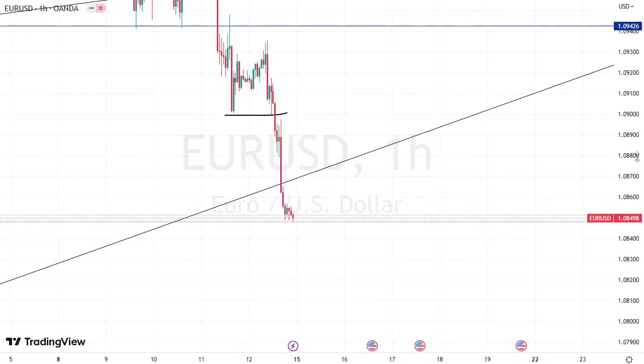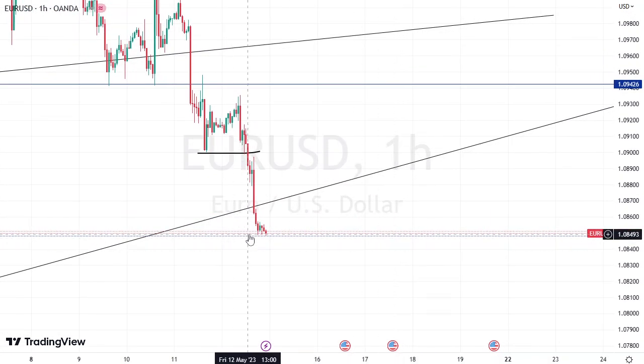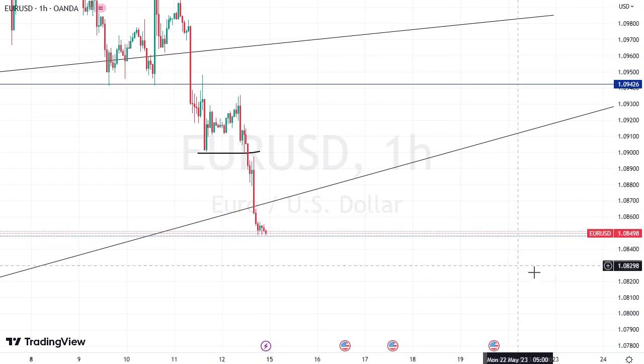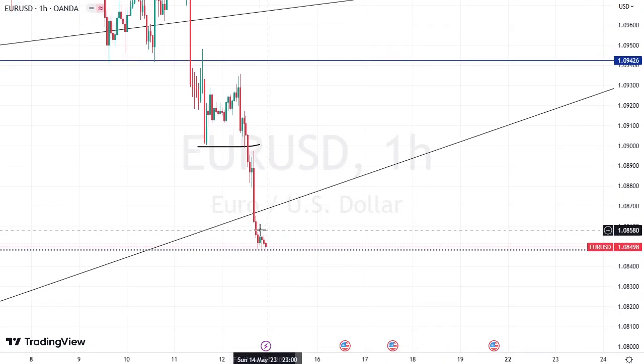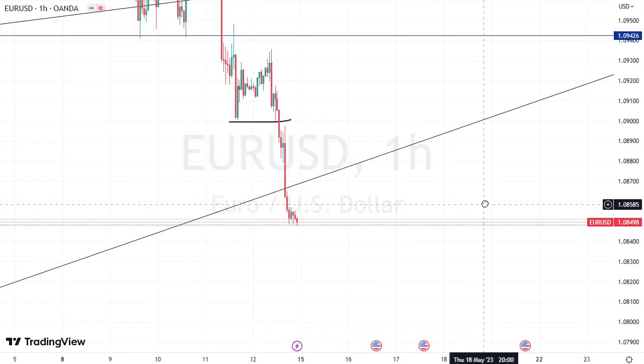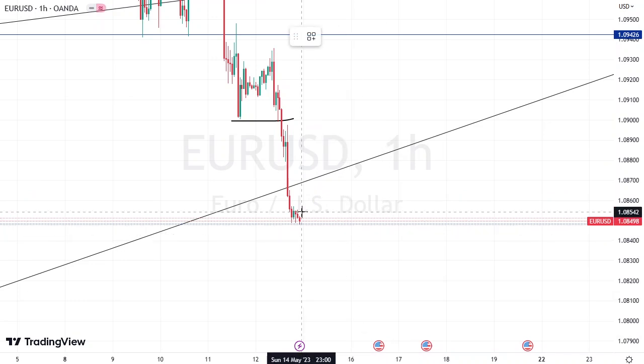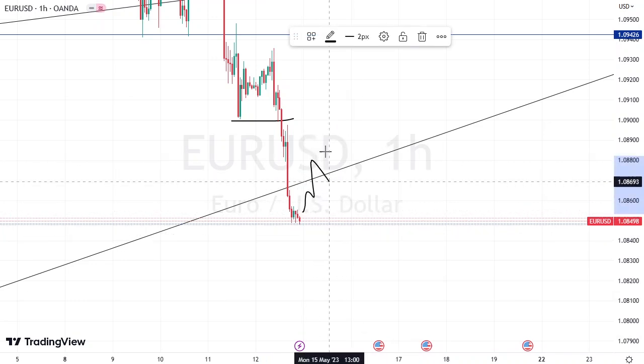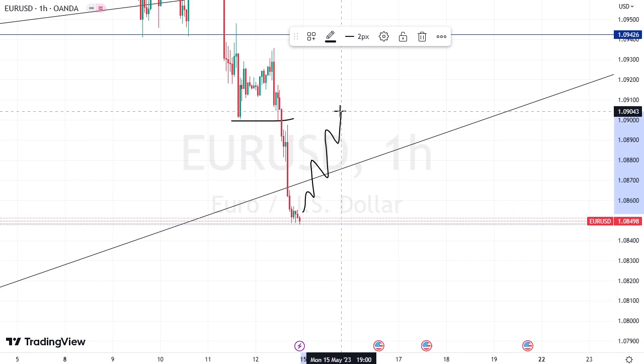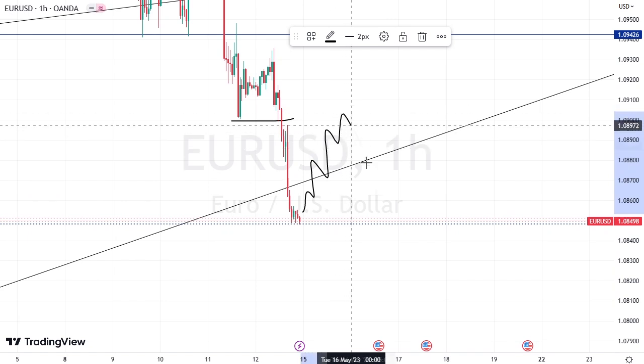So when the market goes back to retrace, the first candle shouldn't engulf the last candle that was impulsive, and it should retrace, correction with a correction.